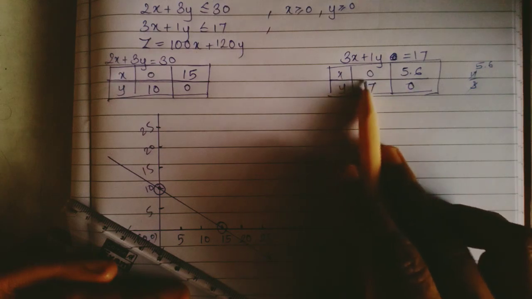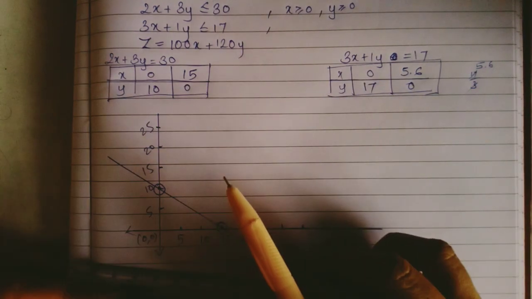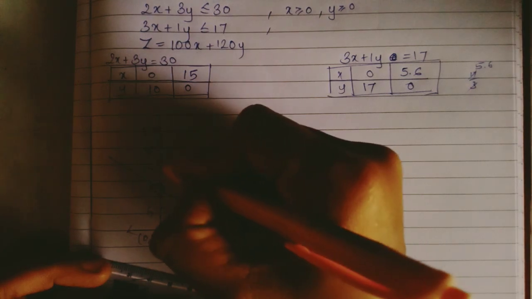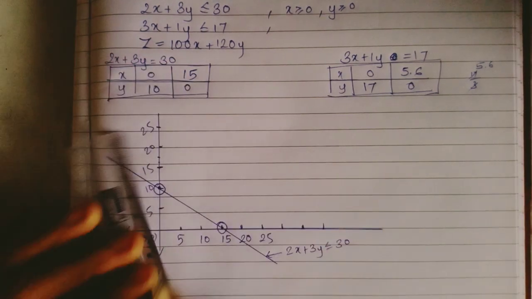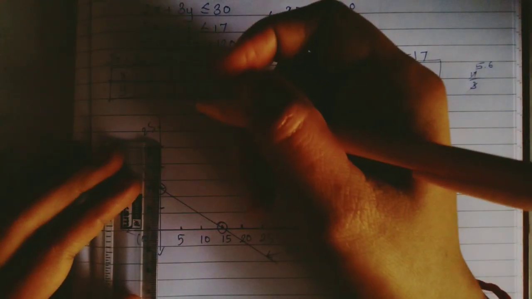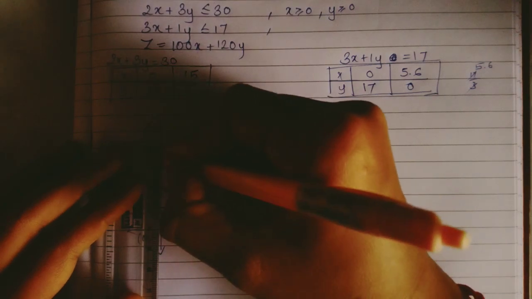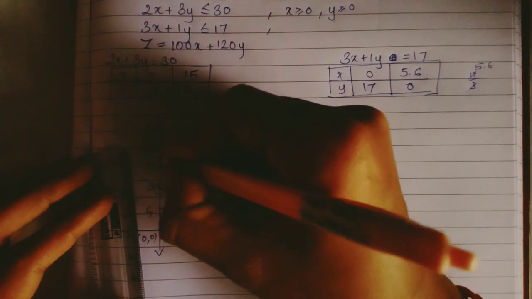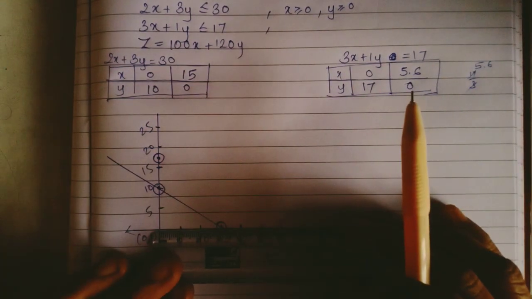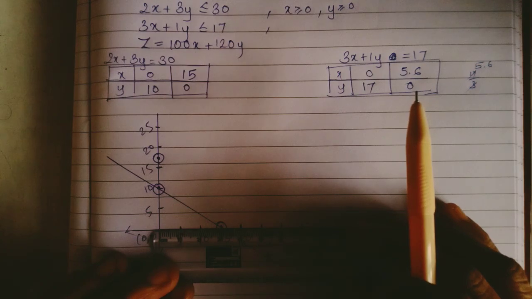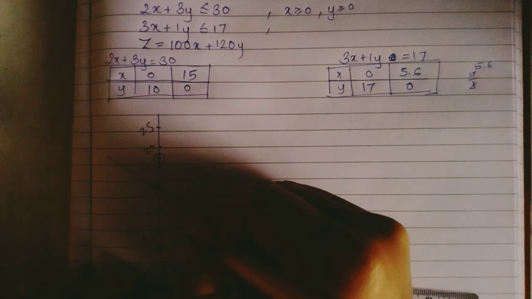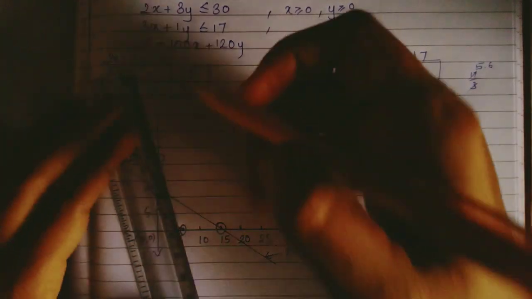Then 0, 17. So 15, 16, 17 can be taken on the scale. And 5.6, so 5.6 means here only, take it here.